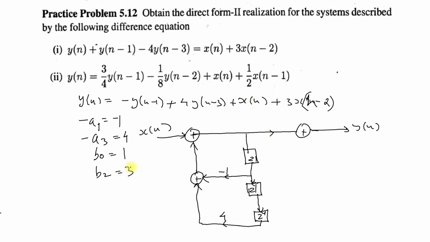Then after 2 delays we have b2 which is equal to 3. So this will be the realization. Now the same thing we can do by the system function.